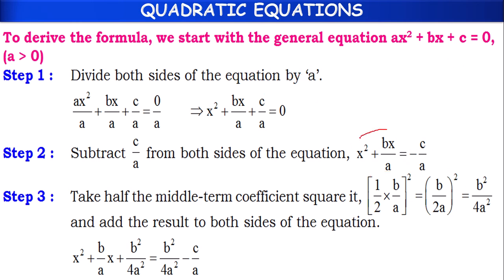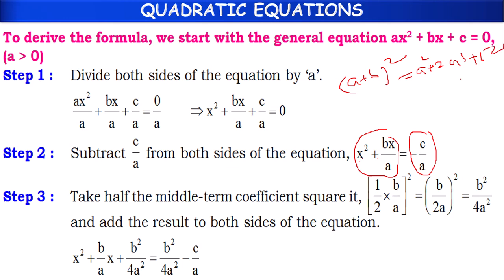We should write it in the form of a plus b whole square, which is a square plus 2ab plus b square. If we have a square plus 2ab plus b square, then we can write a plus b whole square.